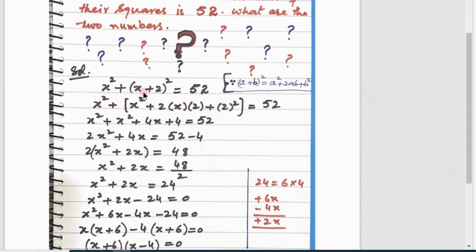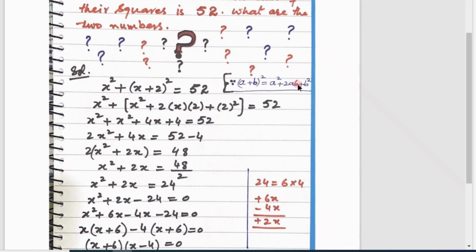x square will come as it is. x plus 2 whole square is the image of the first identity, which is a plus b whole square. In the rough column I have written it, because these three dots show the word because. In mathematics, if we write two dots and the third one in the lower position, we call it because. a plus b whole square is equal to a square plus 2ab plus b square.